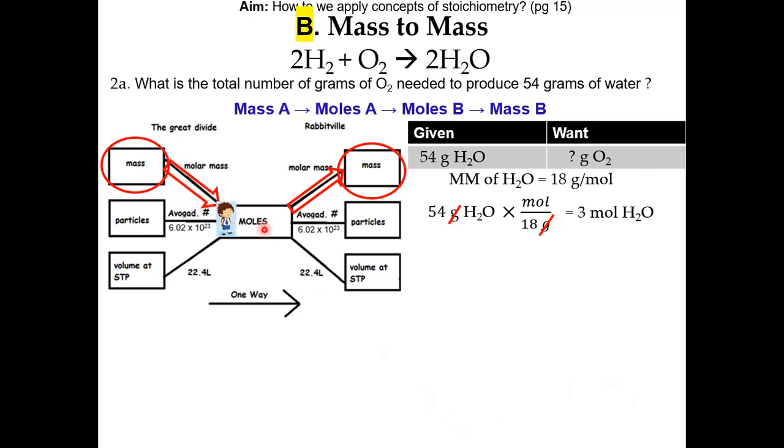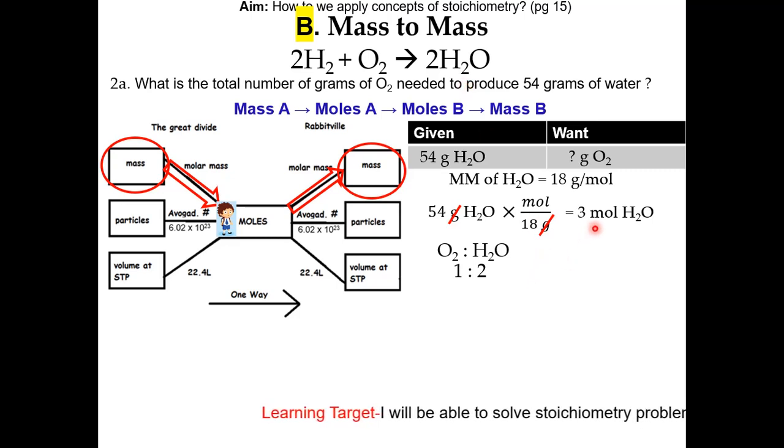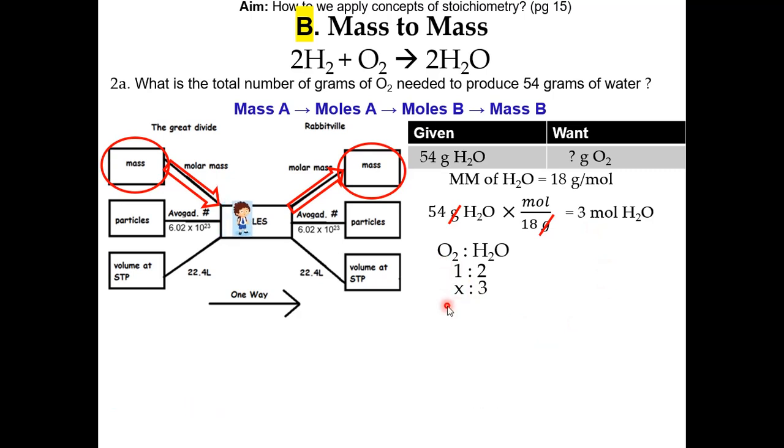Now we have to find the moles of the O2 by doing a mole ratio between O2 and H2O. By looking at the chemical equation, the ratio between O2 and H2O is 1 to 2. We have 3 moles of water, and we have to cross multiply to solve for the moles of O2. We get the moles of O2 to be 1.5.